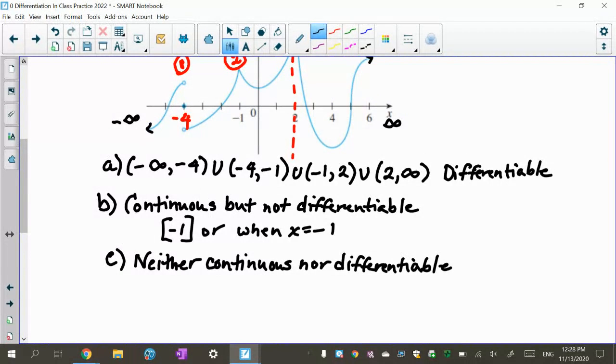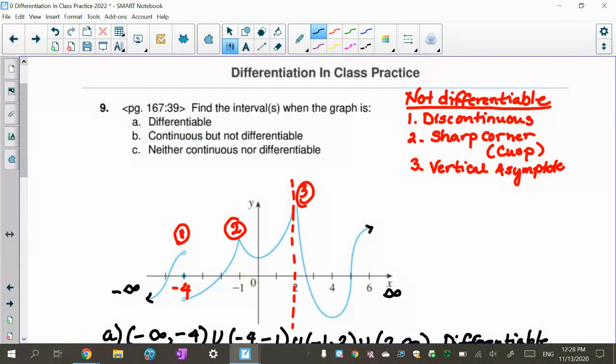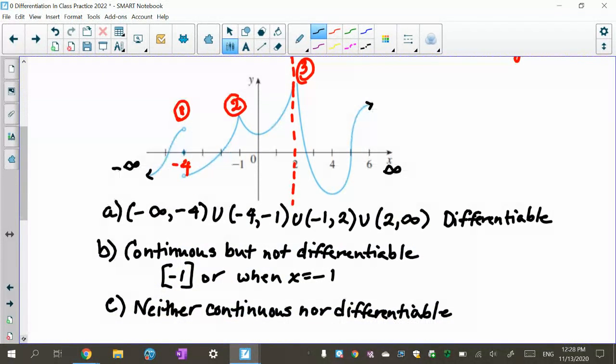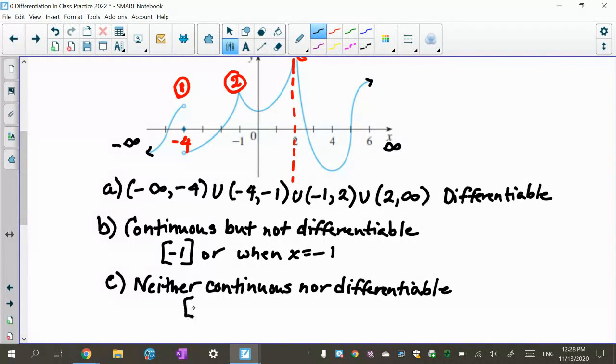So I'm going to move it up a little bit so you can see 1 and 3, where it's neither continuous nor differentiable because it's not continuous and there's no derivative there. So I'm going to put that there. So when I write that, I'm going to say, well, that occurs on the interval -4 in union with 2, when x is 2. Or you can say when x is equal to -4 or 2. I prefer the bracket notation.